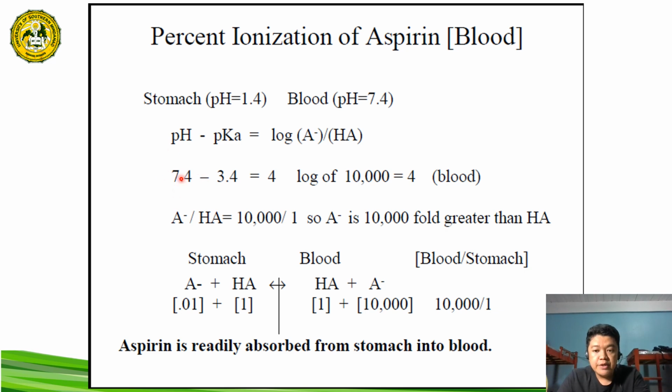For example, we are going to consider the pH of the blood, so we have 7.4. The pKa of aspirin is equal to 3.4. The difference between 7.4 and 3.4 will be equal to 4. So the log of 10,000 will be equal to 4 in the blood.